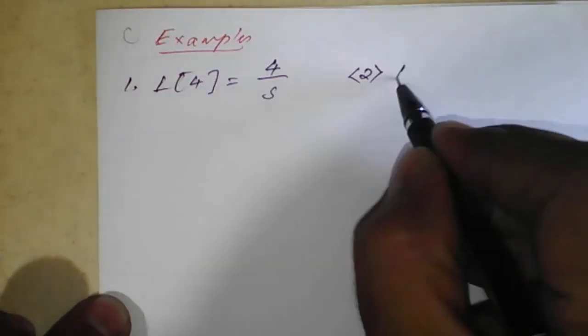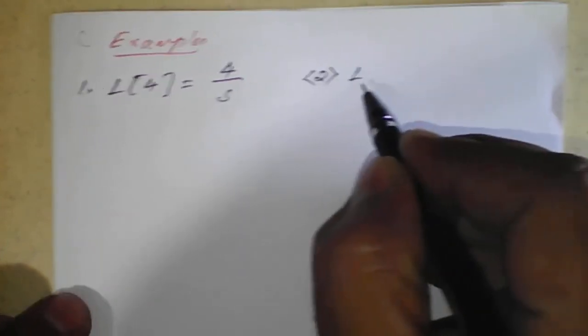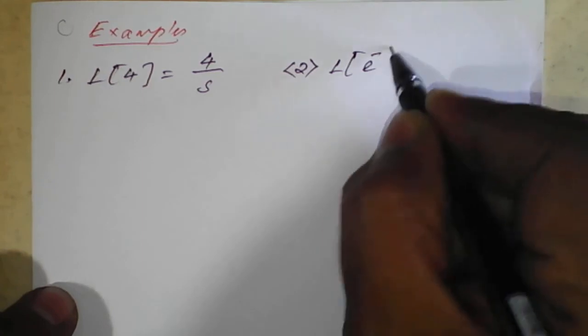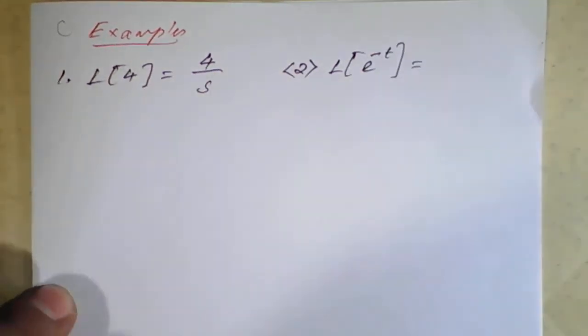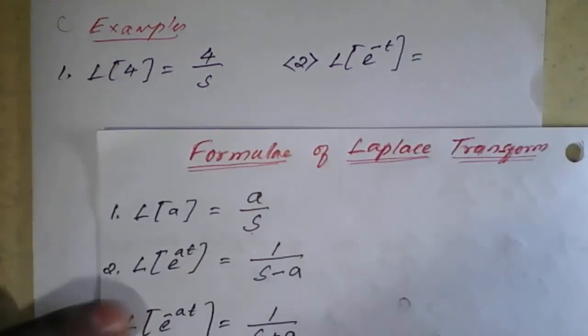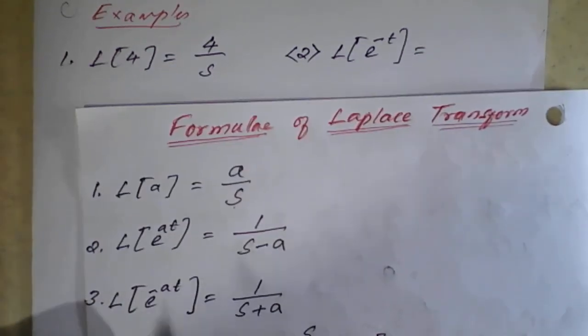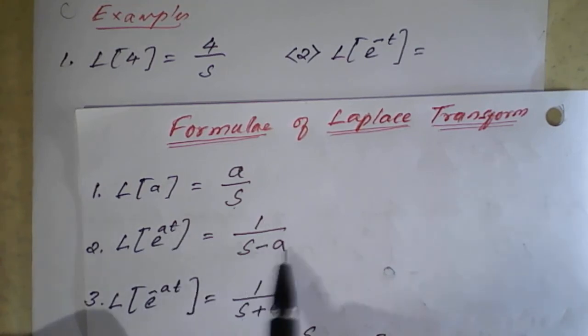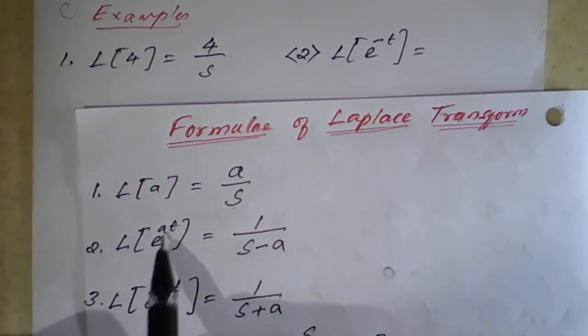For the second example, I want to take Laplace of e raised to minus t. This belongs to the second or third formula. We know that Laplace of e raised to at is 1 upon s minus a, where a is a constant.